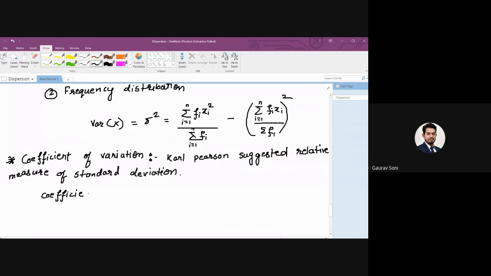Coefficient of variation, abbreviated as C.V., is equal to standard deviation upon arithmetic mean into 100.